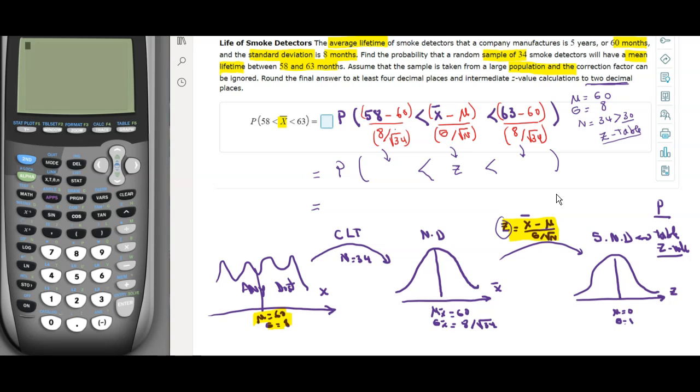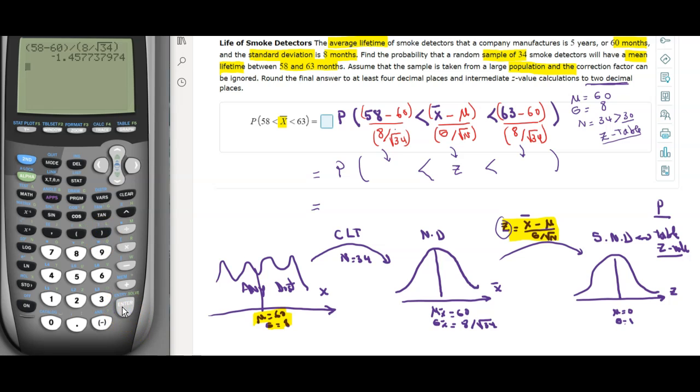Okay, so let's go to the calculator and plug it in. We start with parentheses, 58 minus 60, close the parentheses, divide by, open the parentheses again, 8, divide by square root, which is second and squared, 34. Now you need to exit the radical sign with the arrow, then close the parentheses and enter.